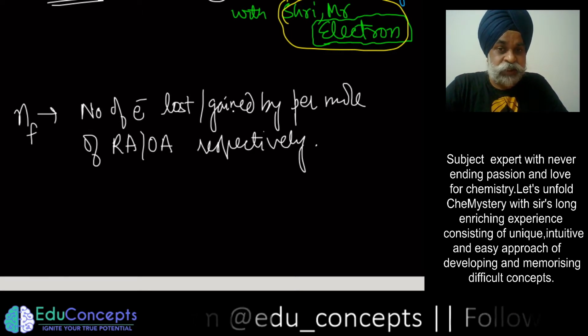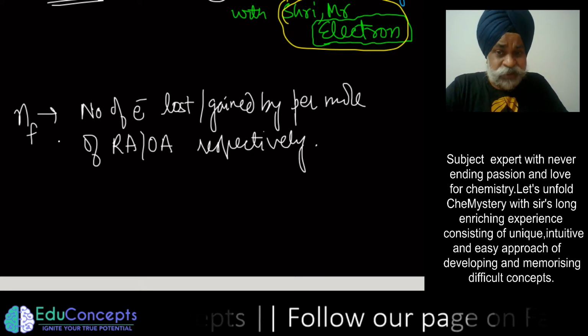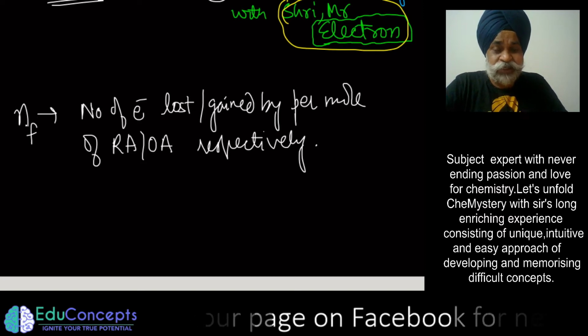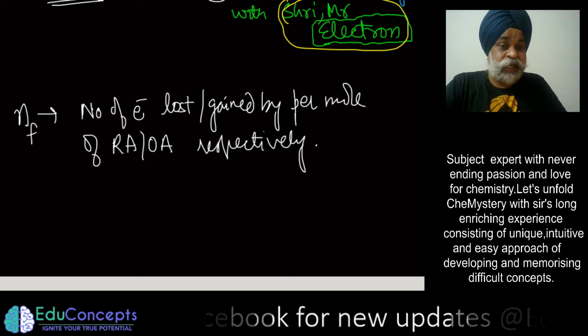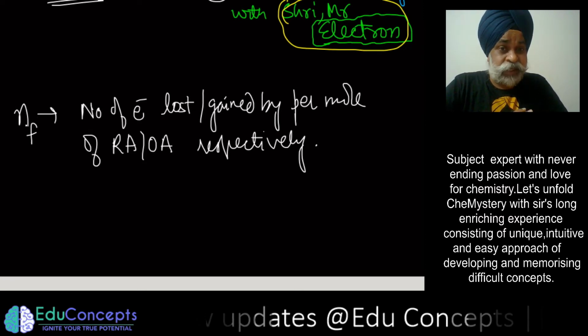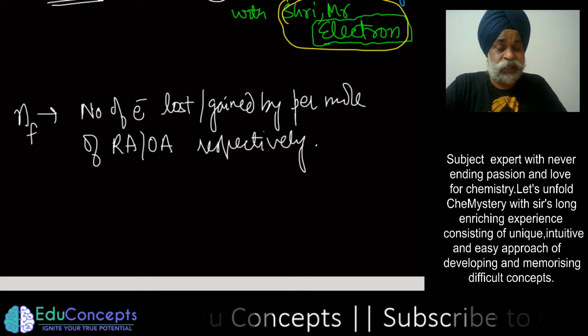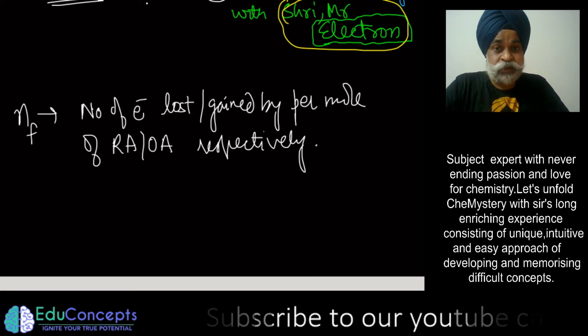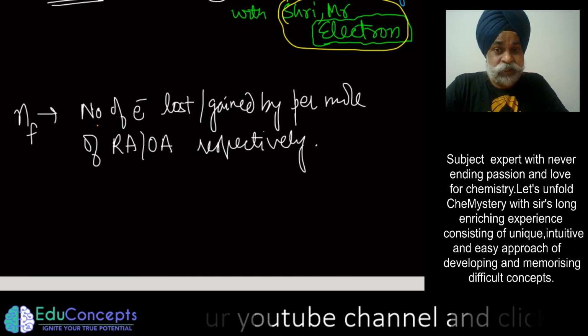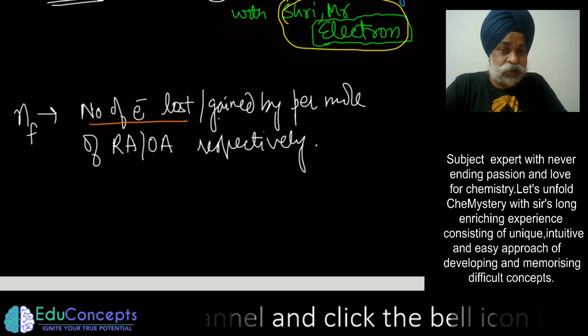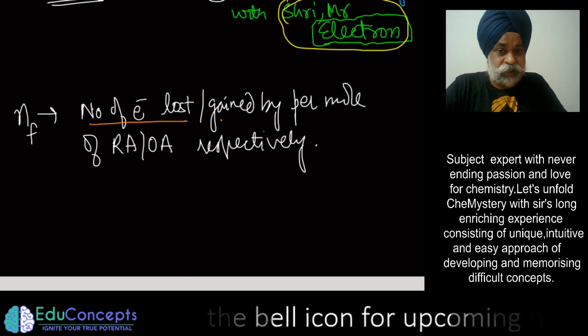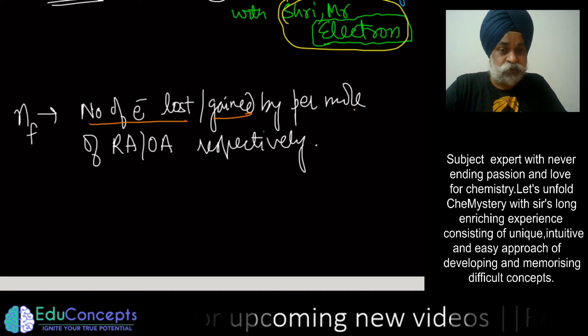So the question is that it is quite easy, it is not a very tough part, but at times it becomes quite a confusing and challenging topic. देखने में बहुत इजी लग रहा है that number of electrons lost by reducing agent or gained by oxidizing agent for per mole of it.